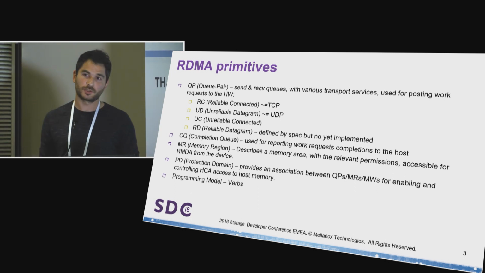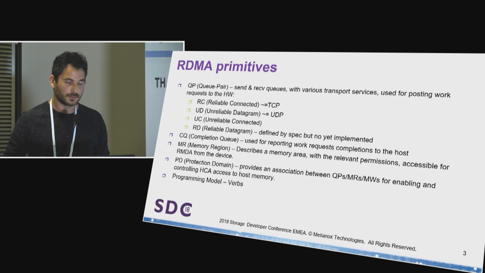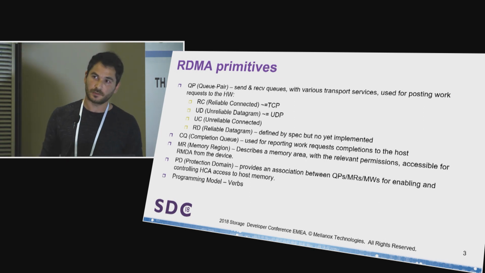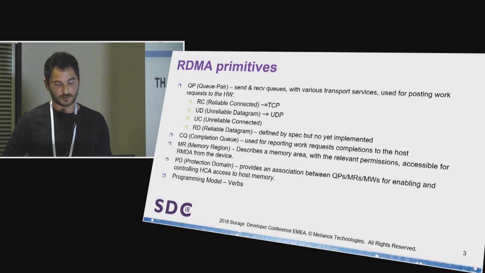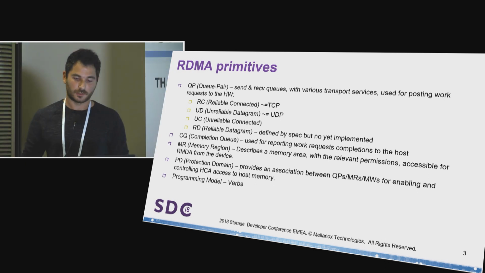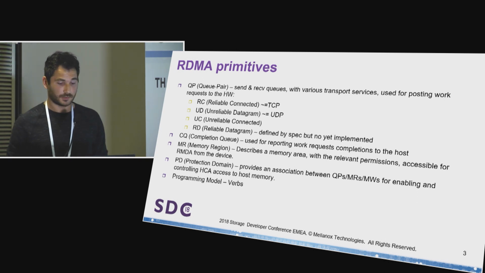We have a memory region, we call it MR, that describes a memory area and gives it relevant permissions for performing DMA and RDMA operations. We have a protection domain that provides an association between queue pairs and memory regions, and gives another layer of protection to the host memory.